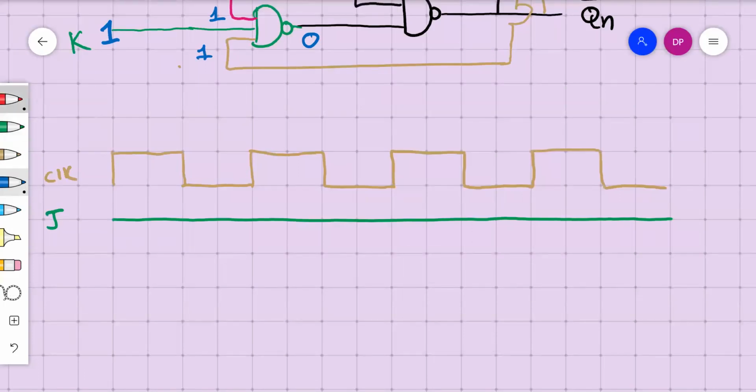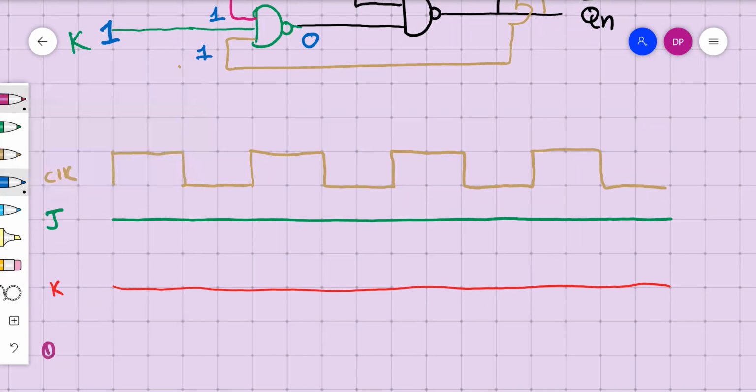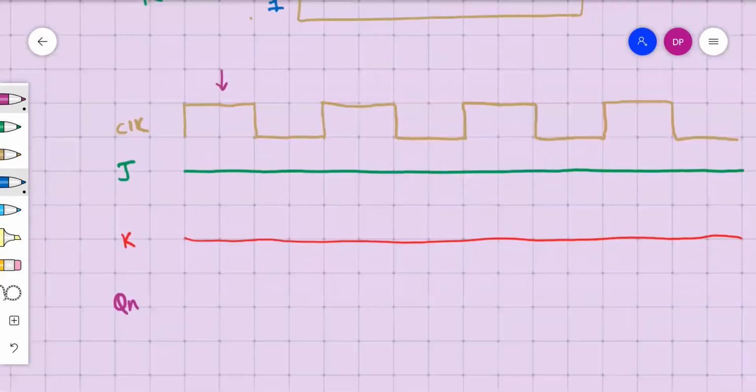Similarly, I take another input to be K, and I take K also to be 1. This is K. So what happens to the output, which I will draw in this color, Qn? What happens when the clock is high? When the clock is high, let me magnify it further.